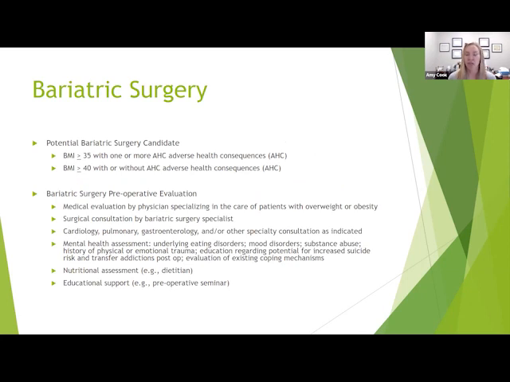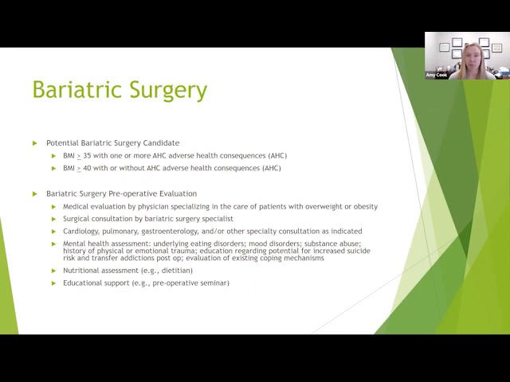Moving on to options for bariatric surgery, we'll touch on this briefly. People who are candidates for bariatric surgery are those with a BMI of 35 or more with one adverse health consequence related to obesity, or people with a BMI of 40 or greater with or without a comorbidity.